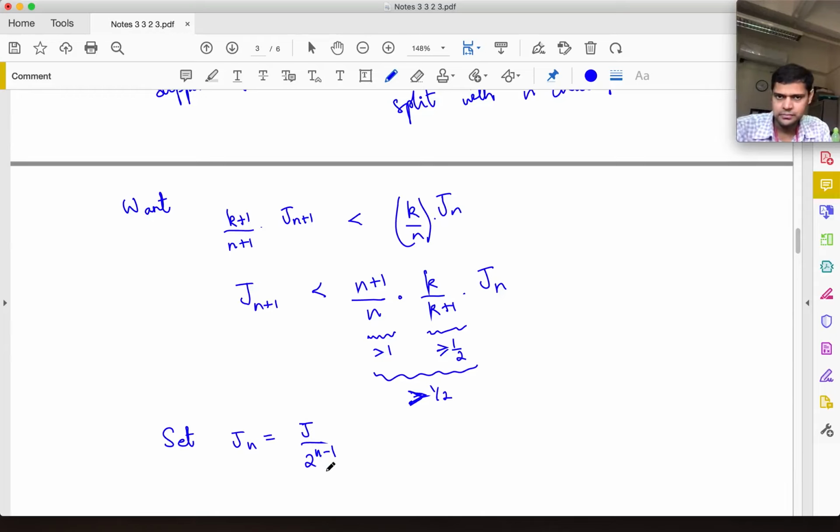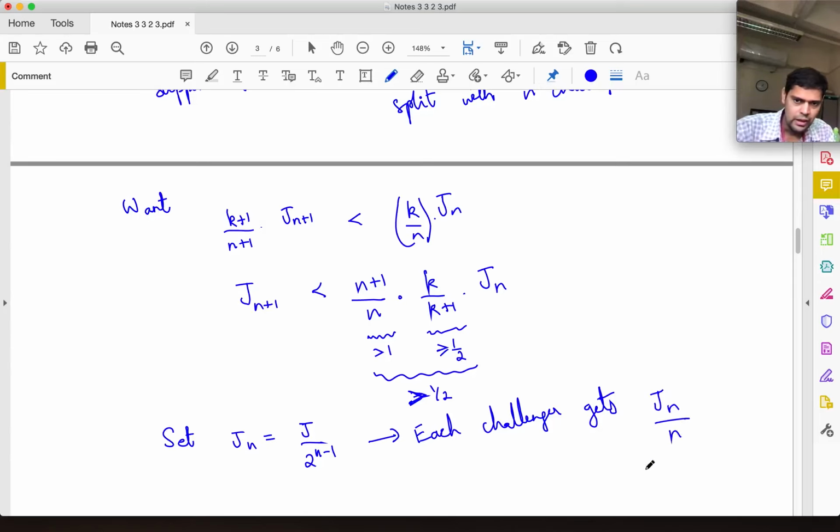decreased exponentially, right? So each challenger gets Jn by n reward, and not J by n, right?